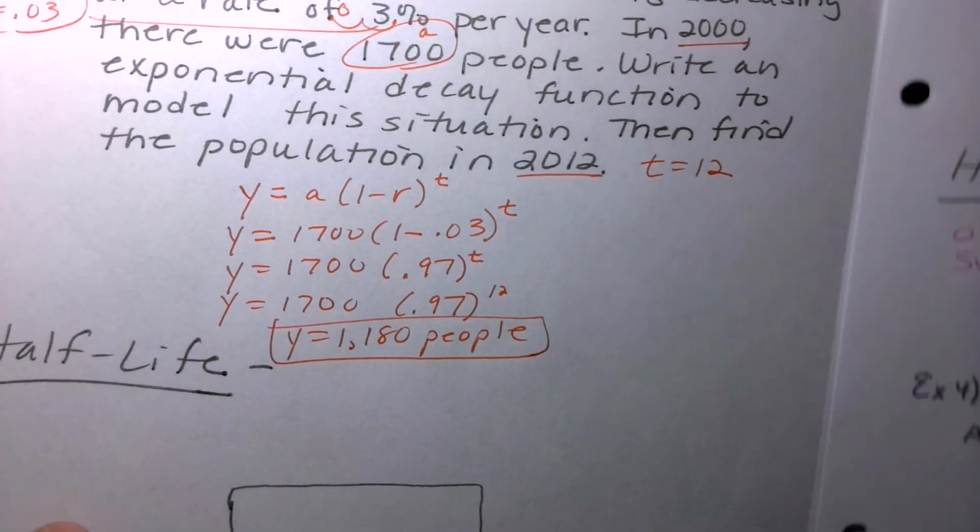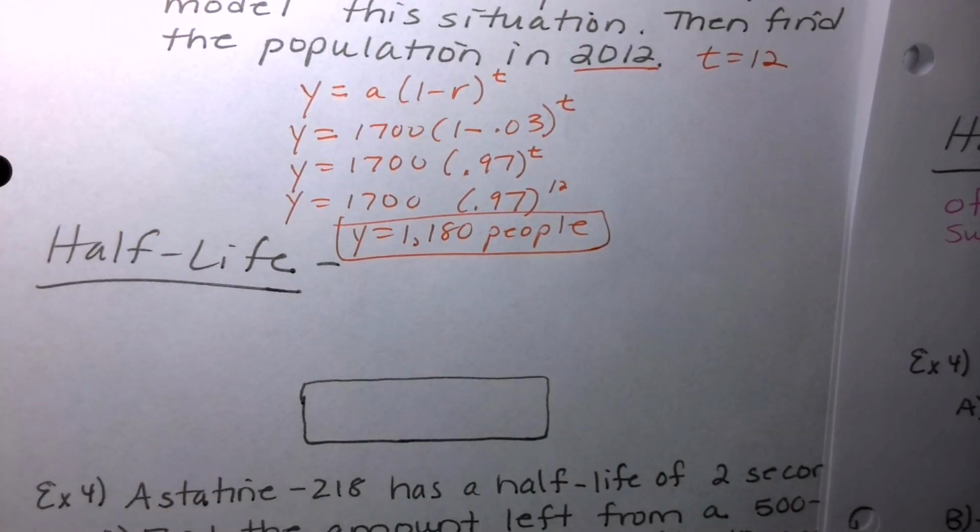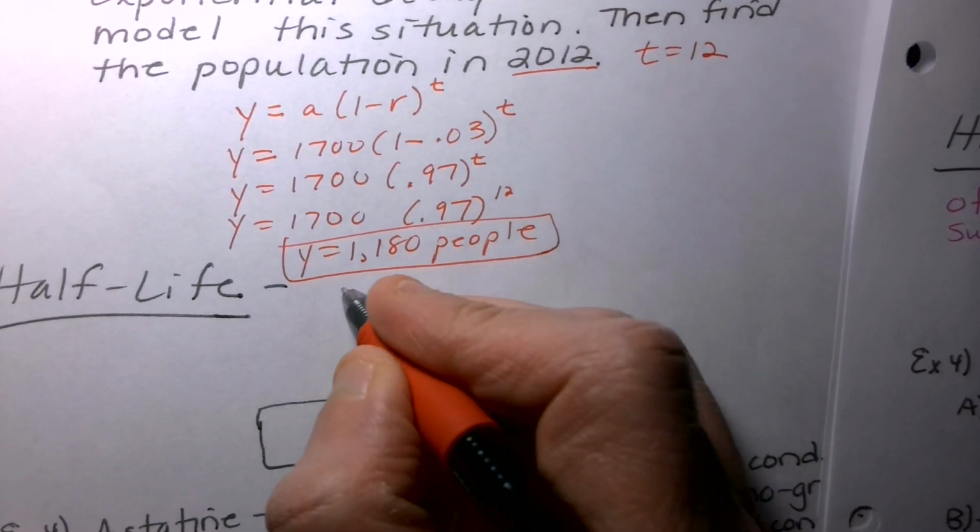Half-life. You'll hear about half-life a lot if you get into the medical world. They'll talk about medications and how fast they move through your system. And they'll say, what is the half-life of that medication? In other words, that means how long does it take for half of that to be gone, to decay? So let's get this down.